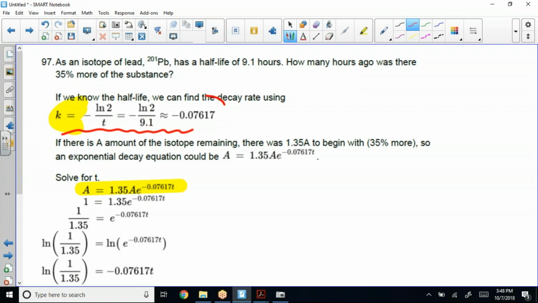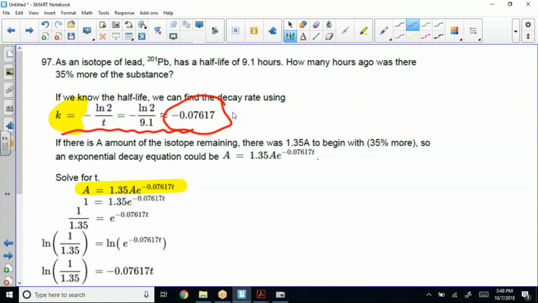How did they get the rate? Negative natural log of 2 over t is a formula you can derive to get the rate, but they're going to give it to you. Why is it 2? Because of half-life. And then time: how much time does it take to get that half-life? And they went out to 5 decimals.